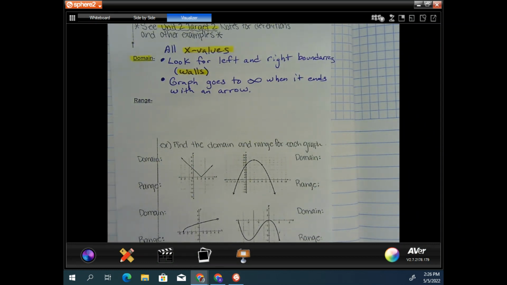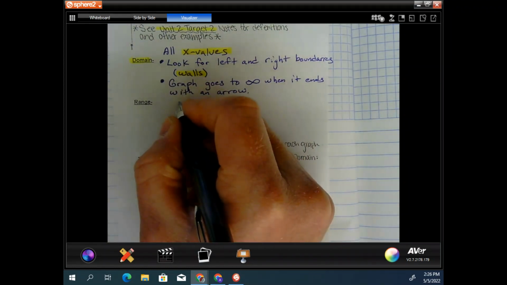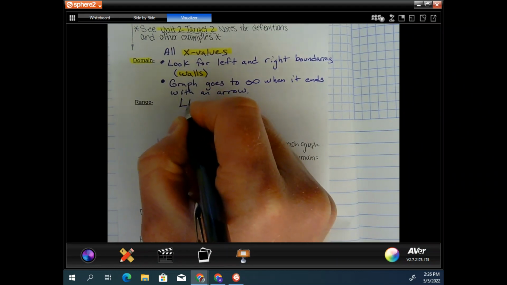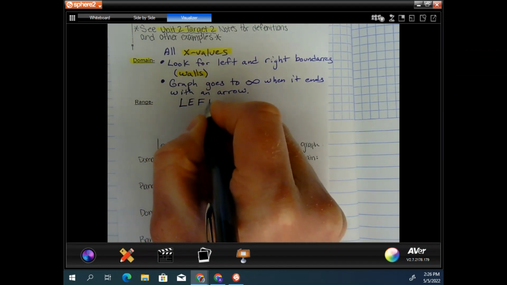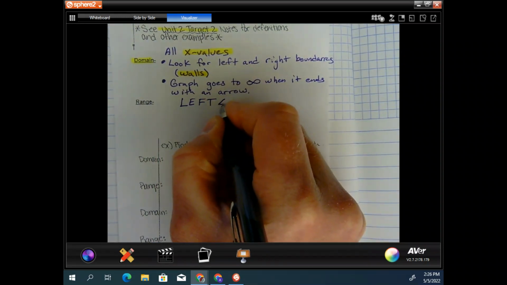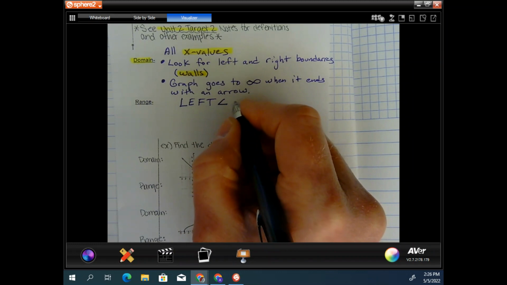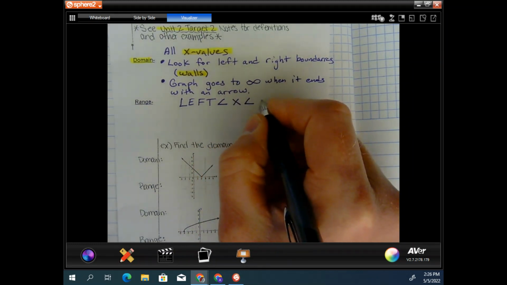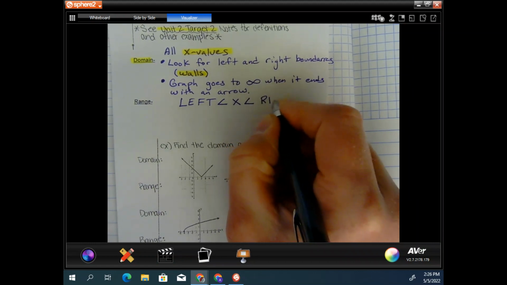The key here to remember is that when we are writing our domain for a graph, we write it in the following way. It's the point that's farthest to our left, and then we're going to have the inequality x, inequality, and then it's the point farthest to our right.